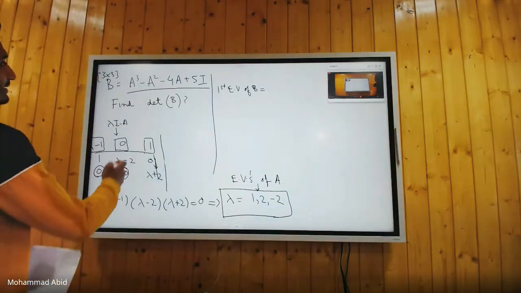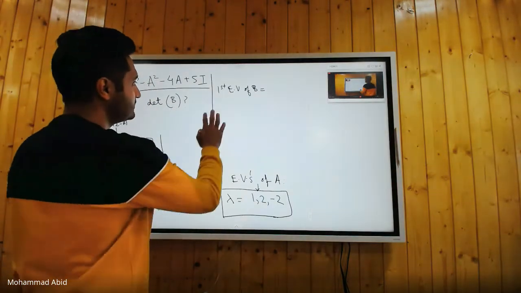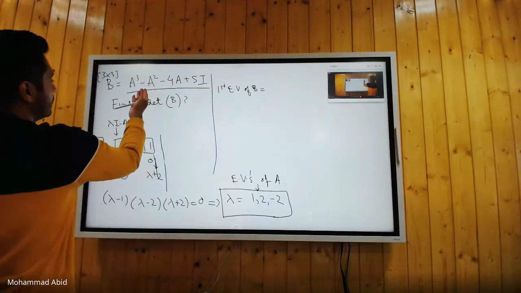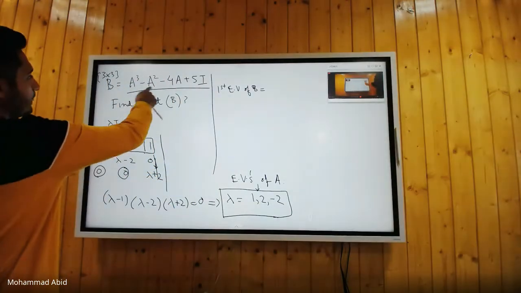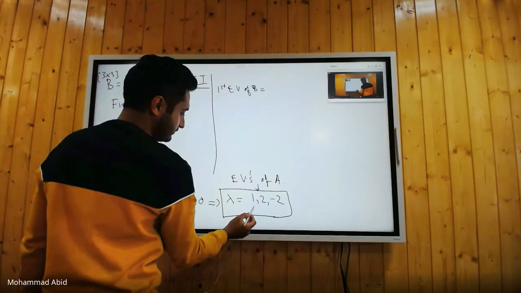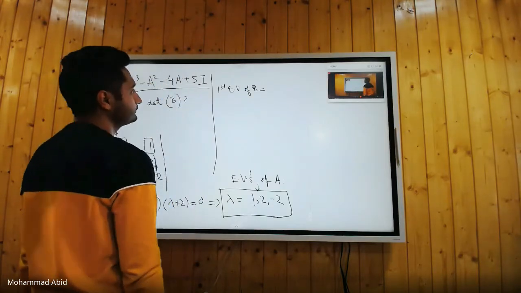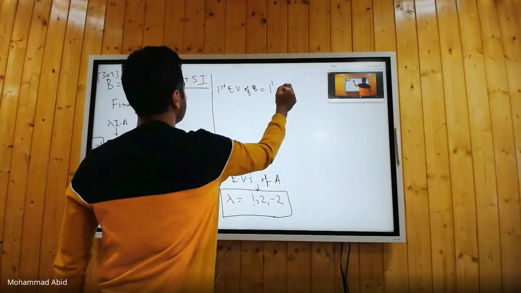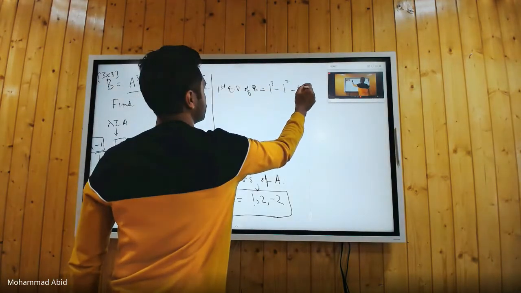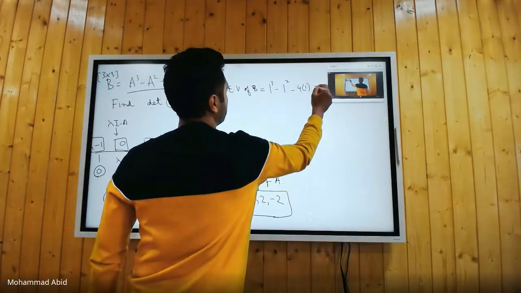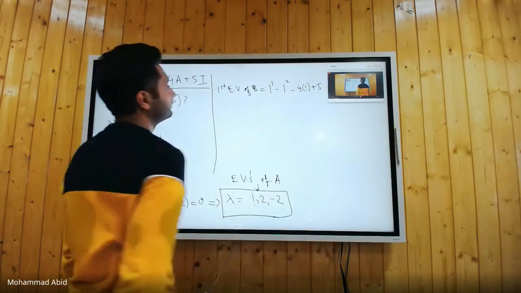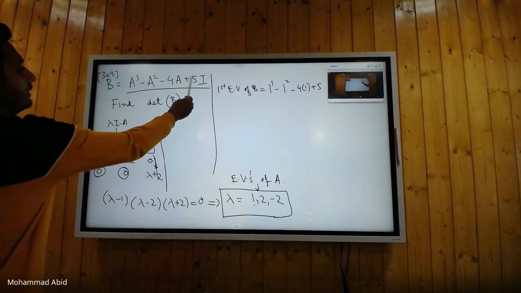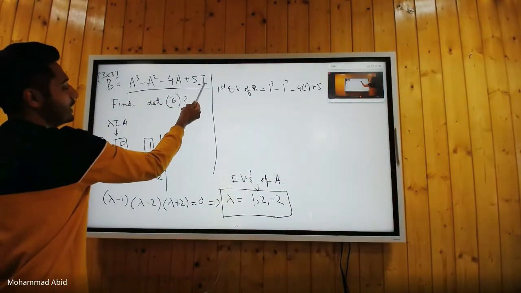So I'm interested in eigenvalues, so I will be substituting each eigenvalue corresponding to the scalar entry A. So first, let me take first eigenvalue of A, that's 1. And I will substitute it here. 1 cube minus 1 square minus 4 times 1 plus 5I; in case of scalar, this is 1.